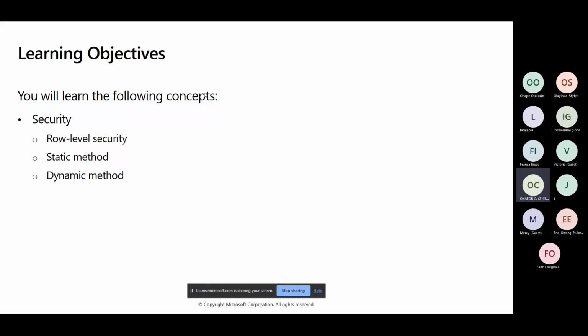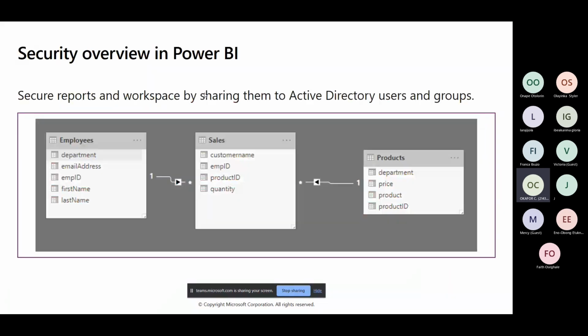Now, another thing we're going to look at is what we call row level security. Row level security simply means, in layman's terms, a situation where people work in the same organization and a report has been published, but you want to give limited access to certain persons.